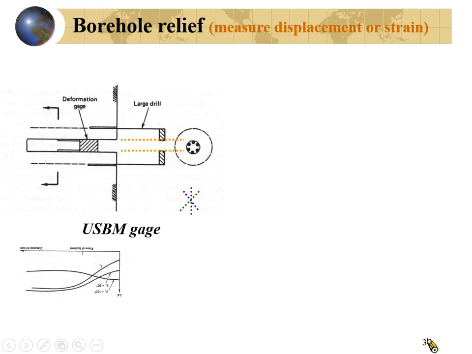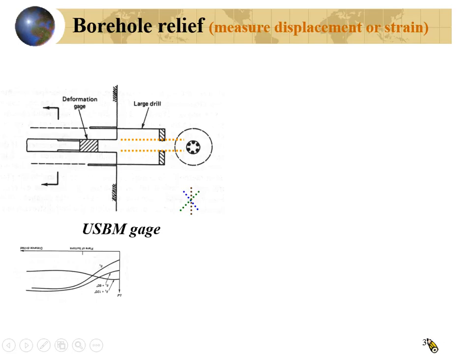Okay? And I drill a small hole and put the USBM gauge here. And I overcore it. What happened? When you overcore it, the stress will be relieved. When the stress is relieved, the rock around here and here will deform.